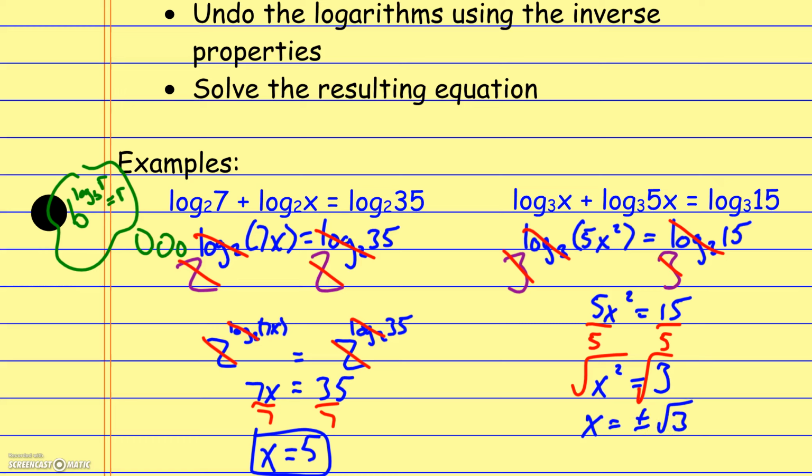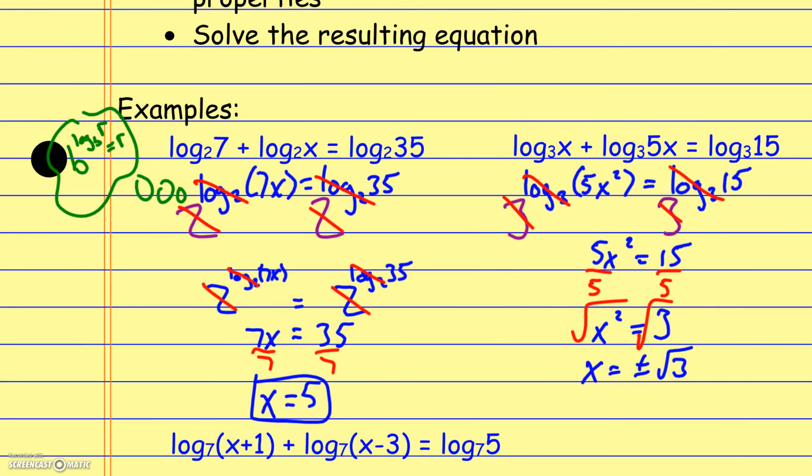And the interesting thing about logarithms is that we should really plug these things back in to check them. And what you're going to find out as you start plugging these things back in is that you can't plug a negative into a logarithm. Anytime you try to plug a negative into a logarithm, it's going to give you an error message on your calculator because there's going to be a conflict in terms of the values we're allowed to use, in terms of the domain.